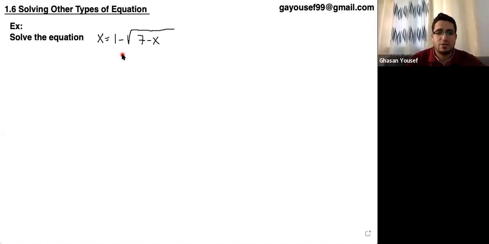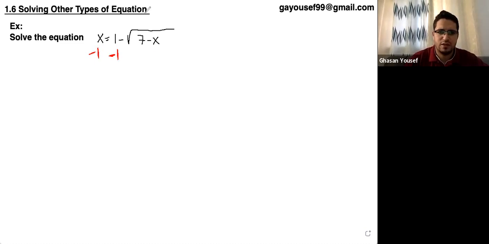Yes, exactly. So the first thing when you see something like that, I prefer to move the radical to one side and everything else to the other side. So here I have x equals 1 minus the square root of 7 minus x. I prefer to make the radical, the square root, only on one side, and everything else, I mean the x and the 1, on the other side. To do this, you have to subtract 1 from both sides.